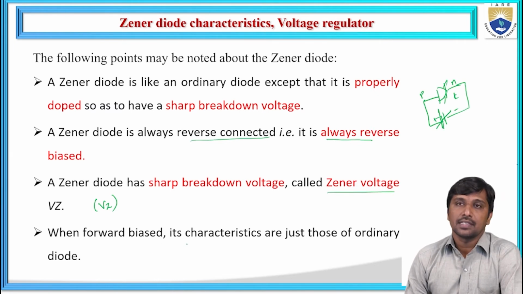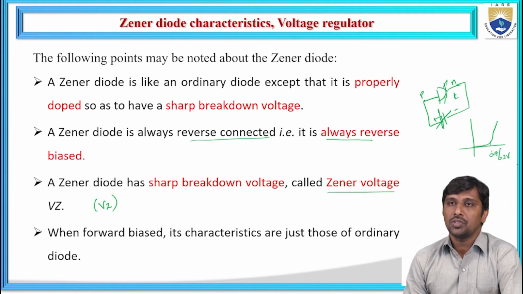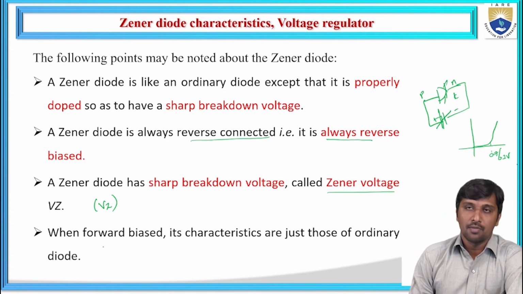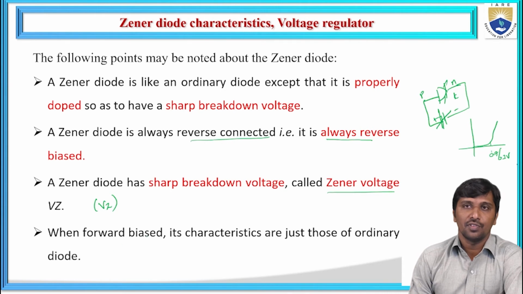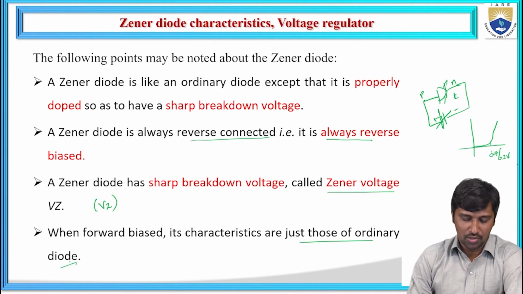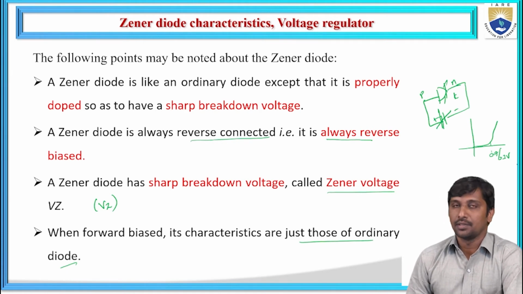Under this forward bias, what characteristics do we observe? The cut-in voltage is either 0.3 or 0.7, so it looks like a normal PN junction diode characteristic. That is the reason: when the Zener diode is forward biased, the characteristics are just those of an ordinary PN junction diode.